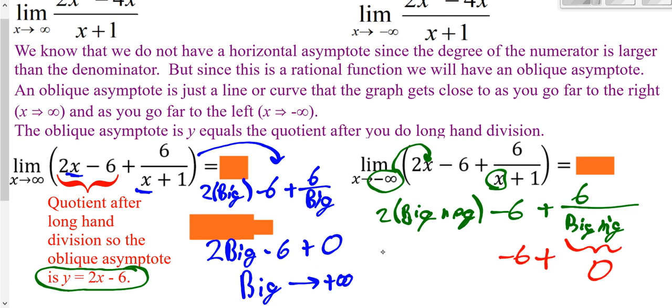So this would be a negative 2 times something really big. It's a negative 2 because a negative times a positive, you know, is negative. A negative times a big is negative, minus something is really a big negative. So it's going towards negative infinity. So we would put an arrow and put down negative infinity for your limit. It does not exist because it does not approach one number. It only diverges towards infinity.